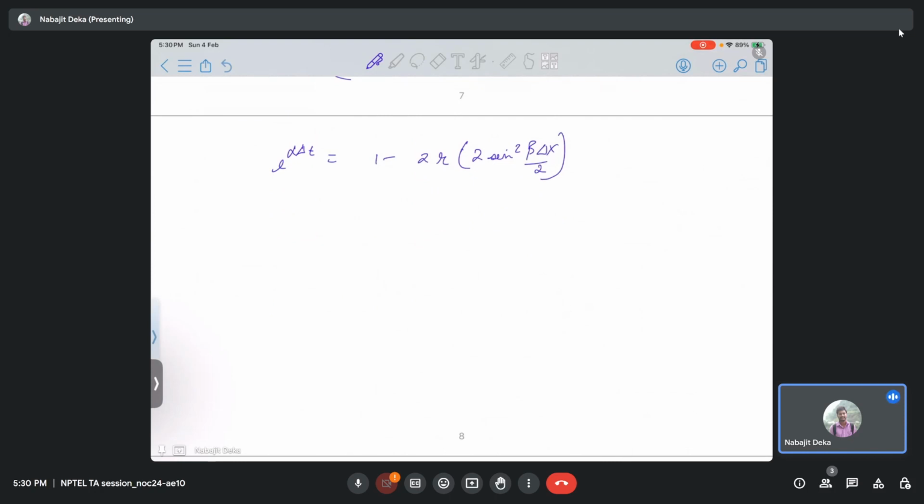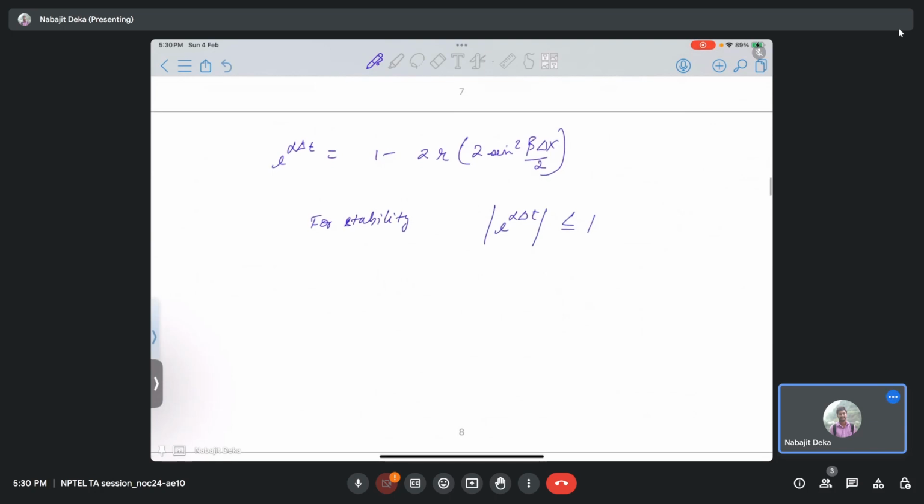So for stability, what we require is that the magnitude of this term has to be less than one.